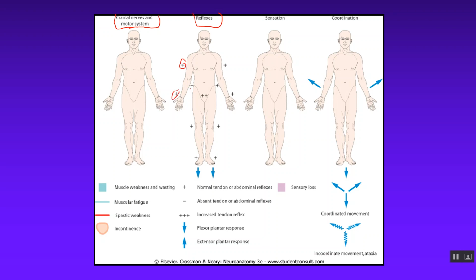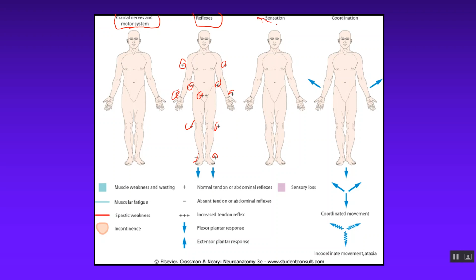You'll see that this person has one positive reflex for each of the major reflexes: knee, ankle, cremasteric, wrist, elbow or brachioradialis, biceps, and triceps. A one plus sign means a normal response, though it's probably best to put 2+, but that's okay.